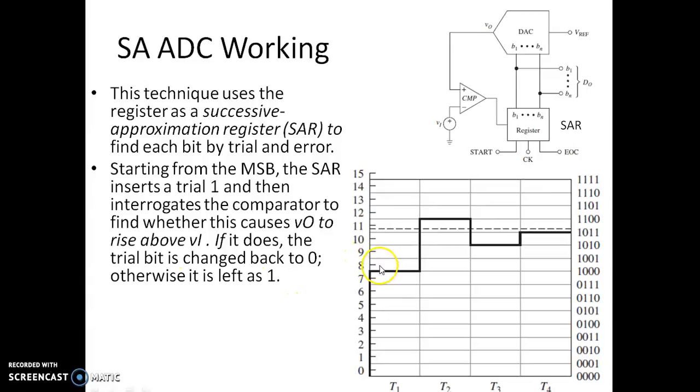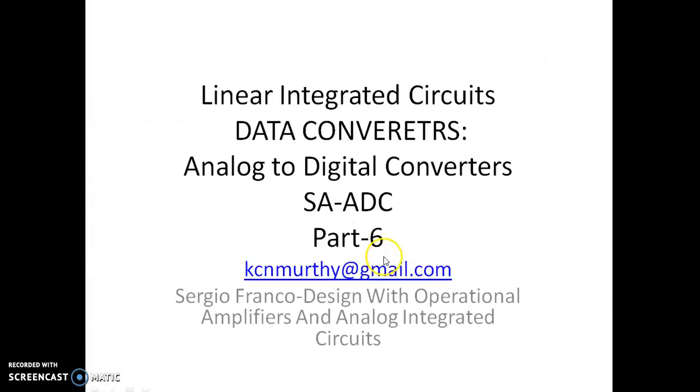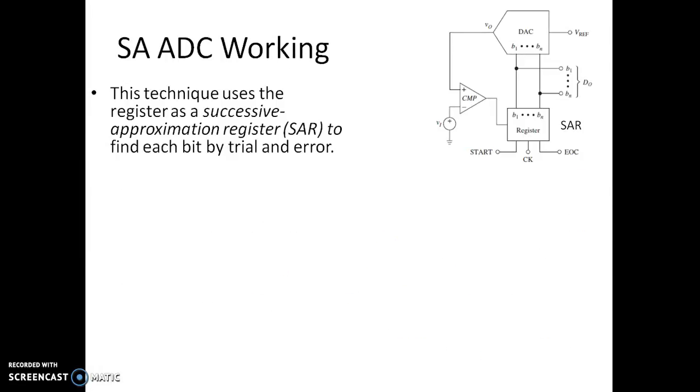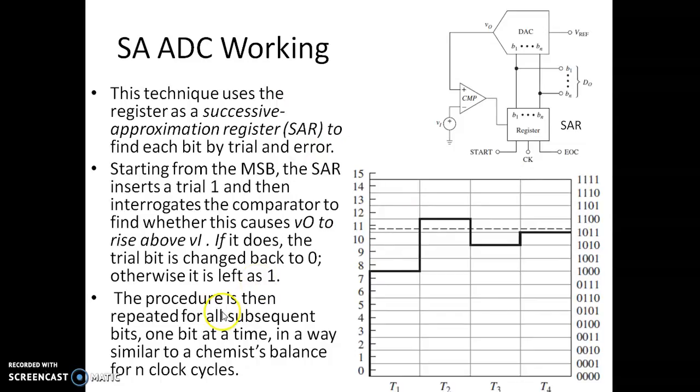Now, in this particular example, since the V naught is less than Vin, we are retaining the bit as 1 here, so it is left at 1. Now the procedure is then repeated for all subsequent bits, 1 bit by 1 bit.